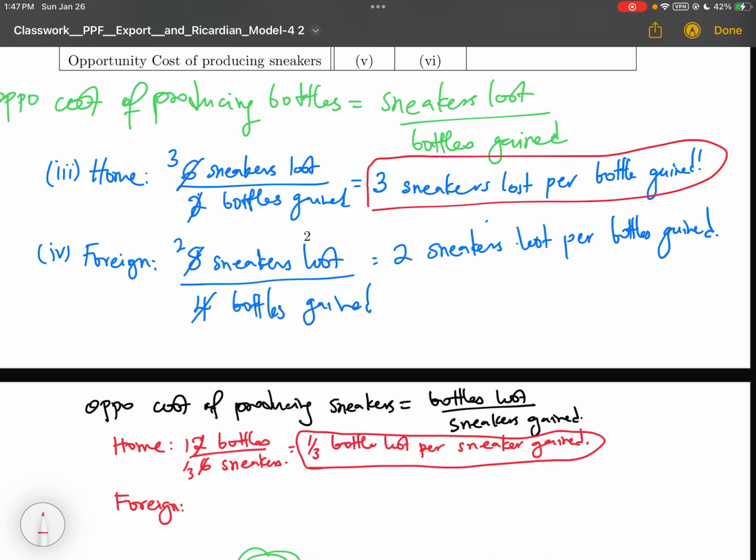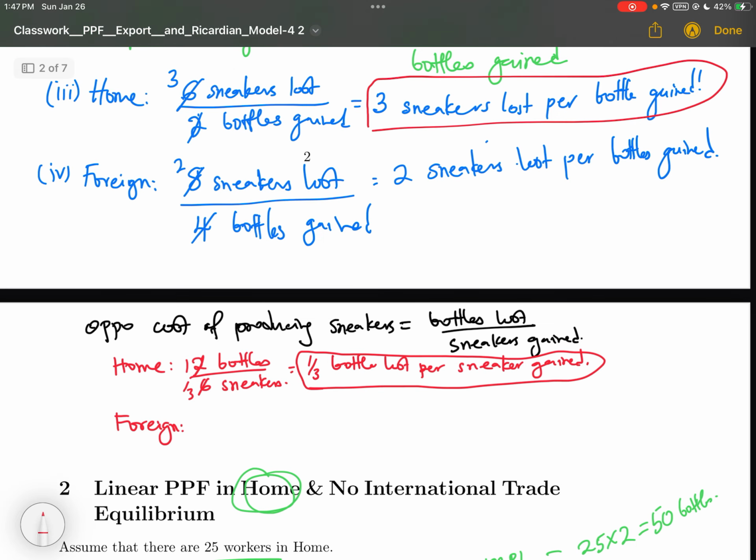One is the inverse of the other, and the units are also inverted. So if you are working these, you could just calculate it once and then take the inverse to get the opportunity cost of producing the other good. But it's always good to go through things the long way and get it done, right?